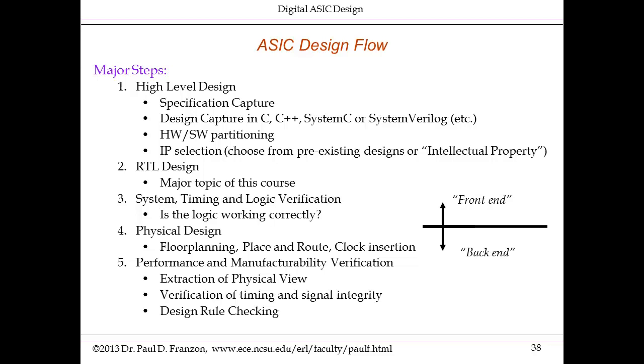In fact, one of the successors to this course at North Carolina State University is EC 720, which discusses how to program things efficiently in SystemC. One thing that has to be decided at this phase is the hardware-software partitioning. And of course, also IP selection. Modern designs use a lot of pre-existing designs, often referred to as intellectual property.